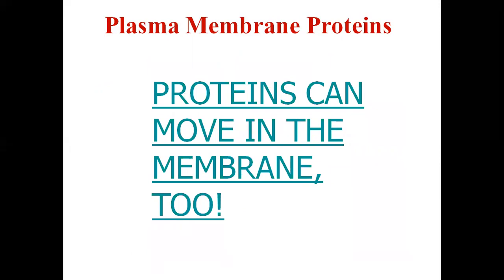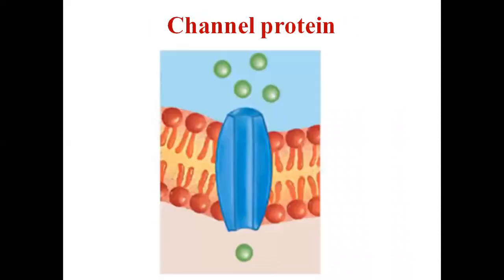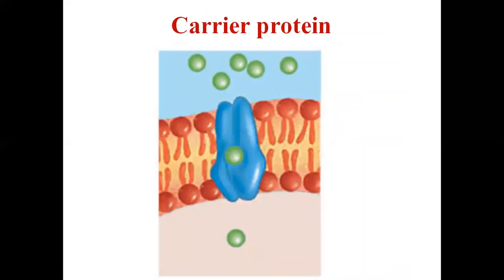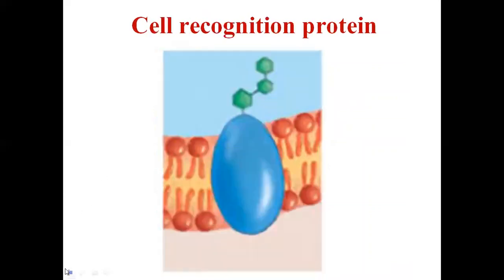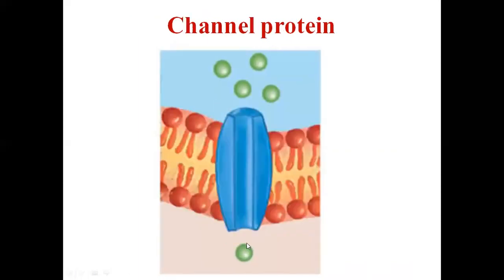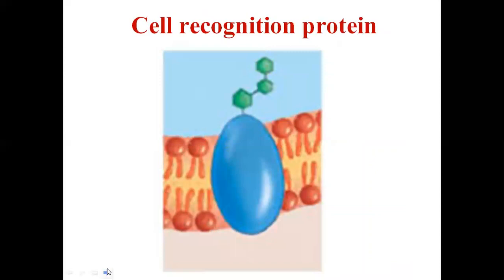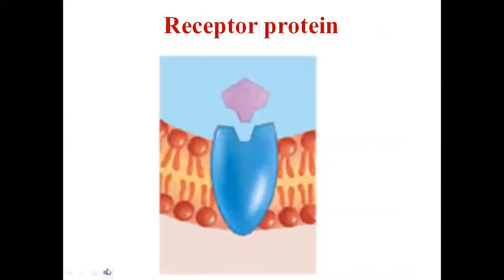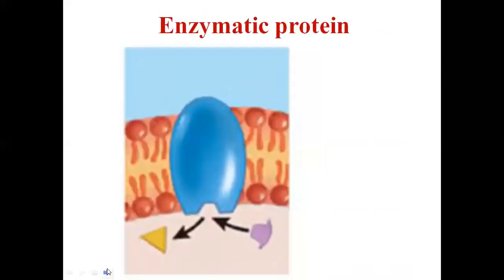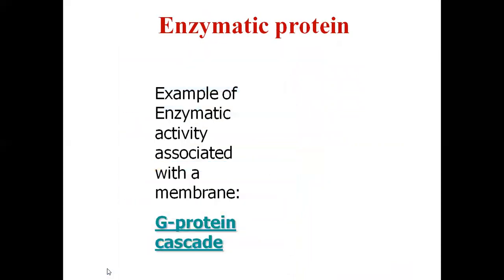The proteins can move in the membrane too. We can see a number of proteins: channel protein, carrier protein, cell recognition protein, receptor proteins, and enzymatic proteins.